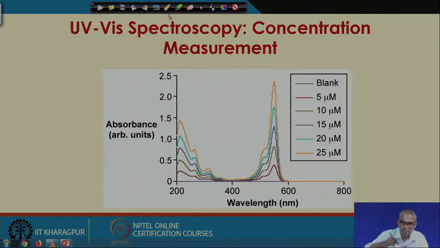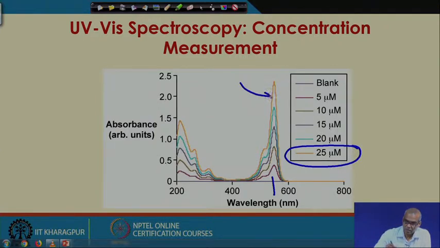Look at here, let us say this is the lambda at which I get maximum absorbance. If you focus your attention at this wavelength, this solution has this peak height, whereas the solution with 20 micromolar has below this.